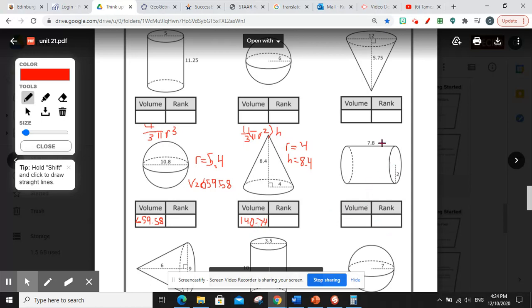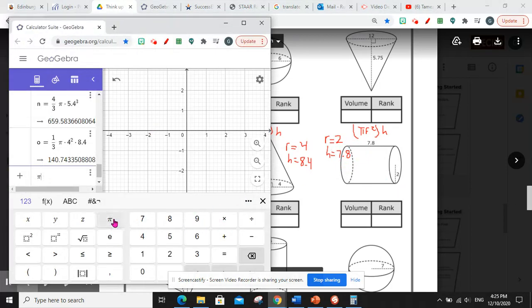Okay, and then we go to the next one, which we have a cylinder. So it's going to be pi r squared times my height. I need to figure out radius, and I need to figure out height. My radius is right here, it's 2, and my height is right there, it's 7.8. So I go in here, and I'm going to do pi times my radius, which is 4 squared, arrow out, and my height is 7.8.